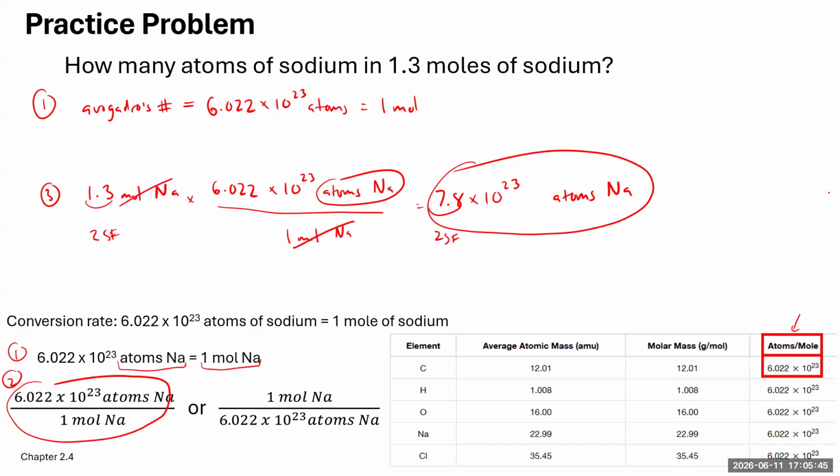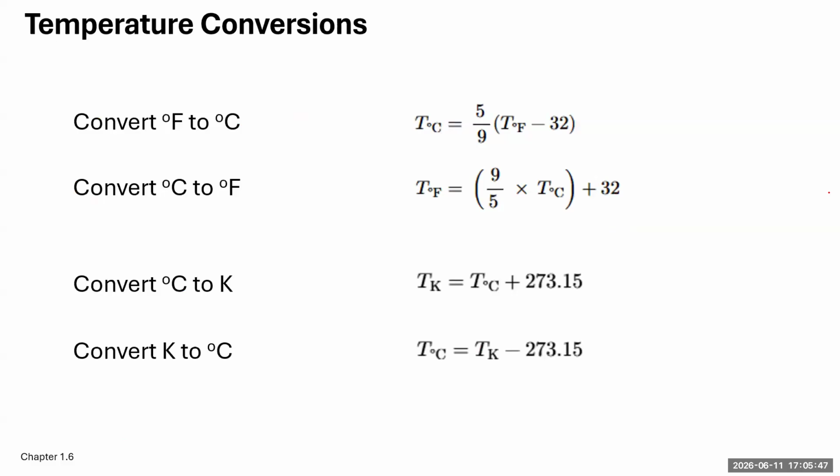We're also going to have to do temperature conversions in this class. Here's a list of temperature conversions you could use: Fahrenheit to Celsius, Celsius to Fahrenheit. These are kind of quote unquote plug and chug. We put your number in, do the math, and then you're done. We're going to have to remember a couple things here: PEMDAS, order of operations.